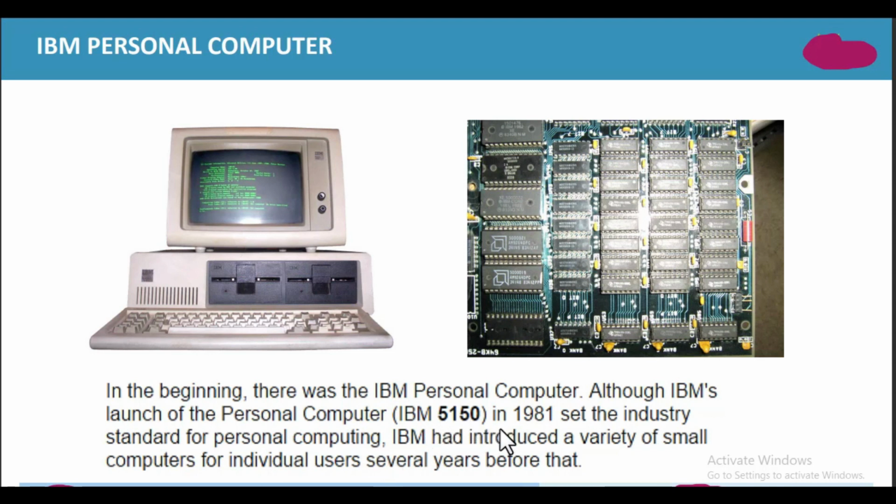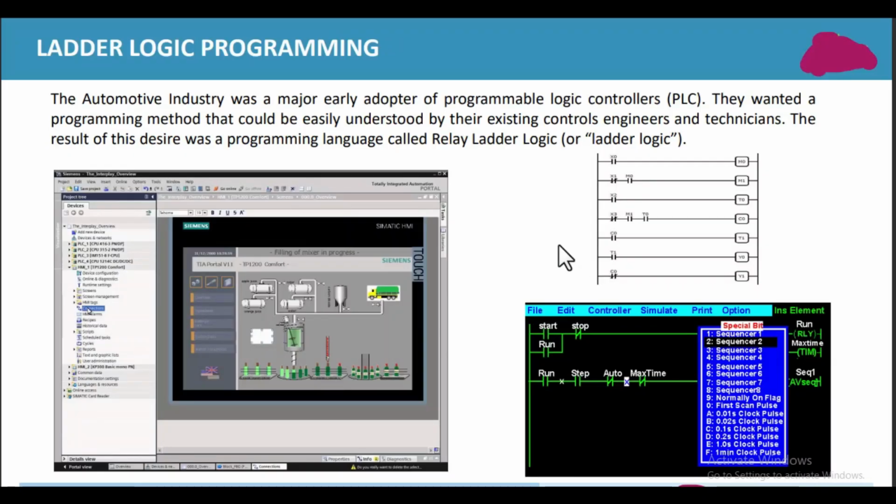IBM had introduced a variety of small computers for individual users several years before that, but this was a special model for computing in industry. Microcontrollers and microprocessors are used in the CPU of a computer for computing.